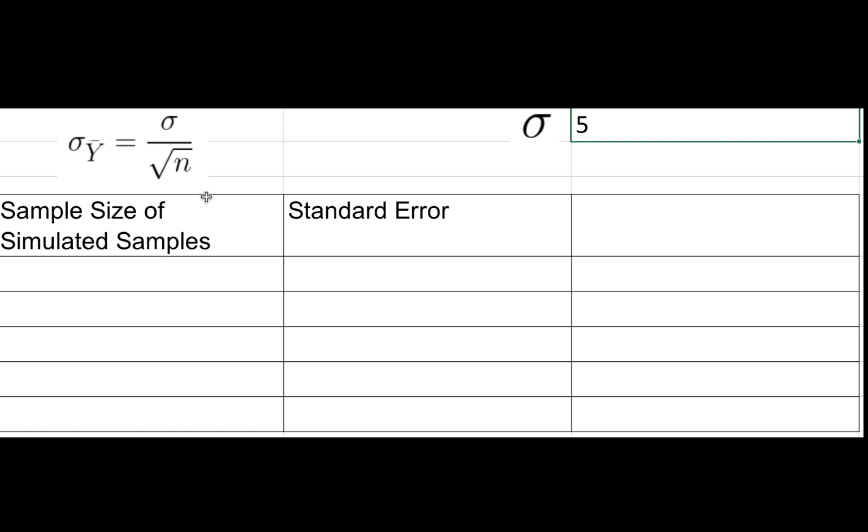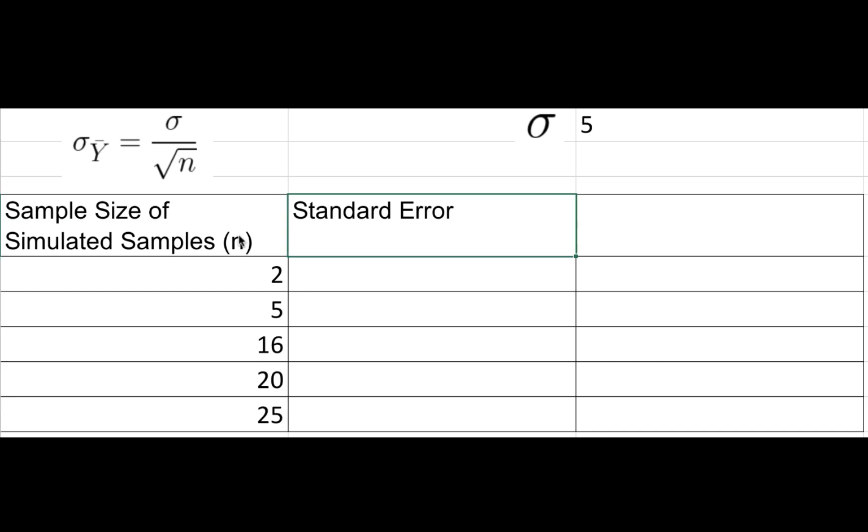Do you think we'll get the same numbers by doing the calculations versus if we looked at it through simulations? Let's try it. So here I'm going to create a little table where we're going to look at a few different sample sizes. Sample size is notated with the letter N, and we could look at a few different sample sizes like 2, 5, 16, 20, 25.